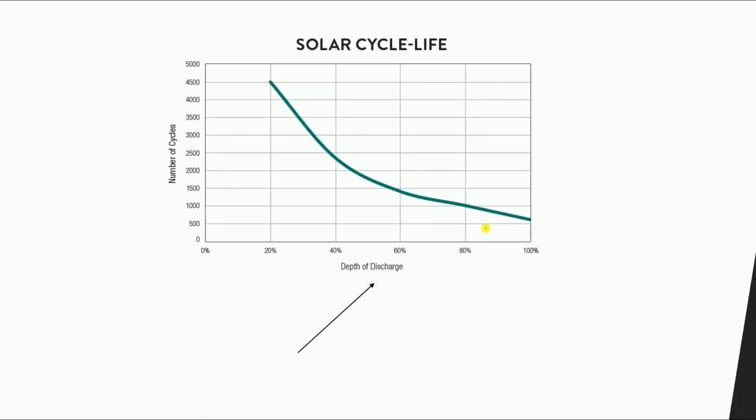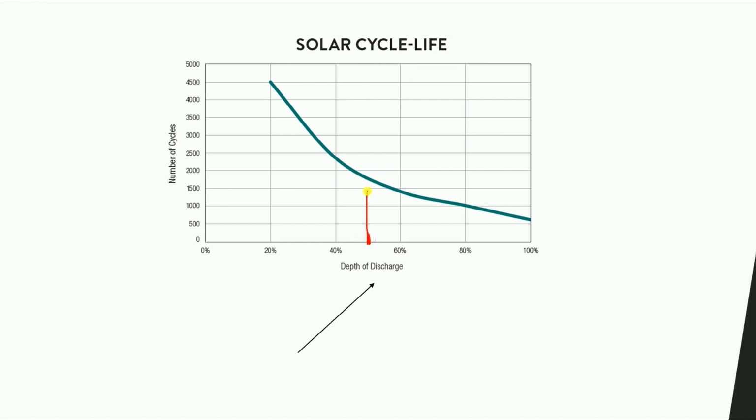Now another curve, what we talked about before: the depth of discharge, or DOD, or how much I can take from the battery. We said the depth of discharge affects lead acid batteries, lithium ion, and any type of batteries. For lead acid batteries, and AGM is a lead acid battery, the recommended depth of discharge is 50%.